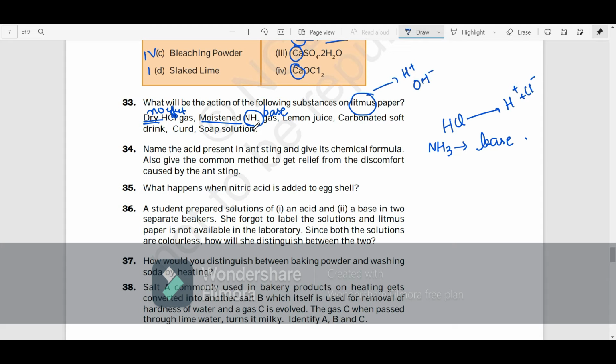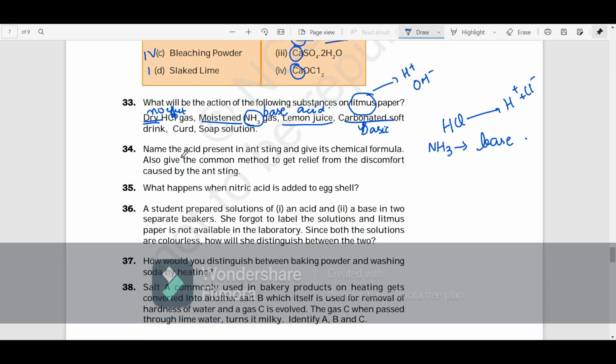Next, lemon juice: we can find citric acid in it, so it's acidic in nature. It will turn blue litmus paper to red. Carbonated soft drinks: you must have drunk one of them, right? Here you will find that they turn red litmus paper to blue, hence indicating them being basic.